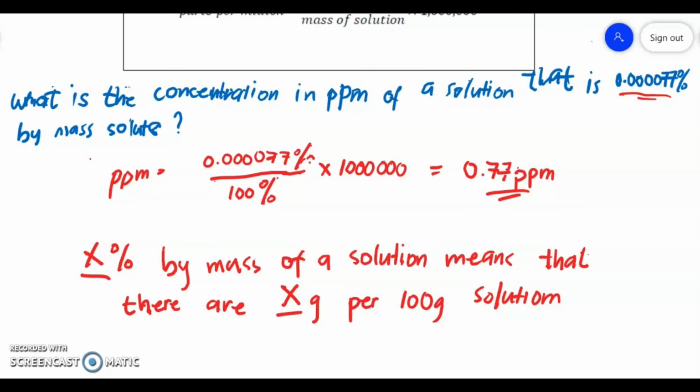This statement is always true. So we divide by 100%, since 100% by mass equates to 100 gram of solution. So the answer here is 0.77 ppm.